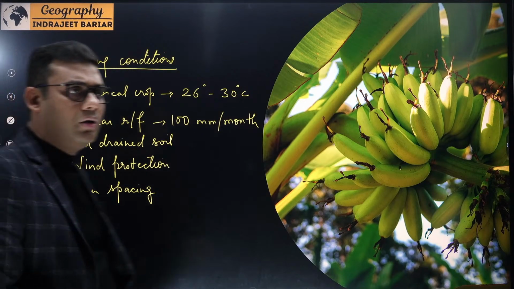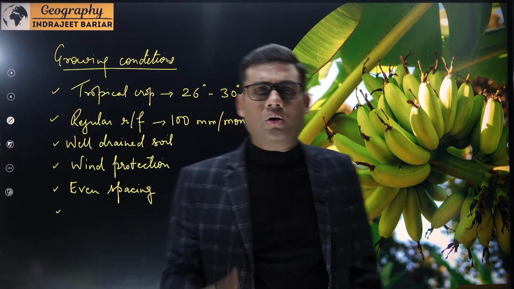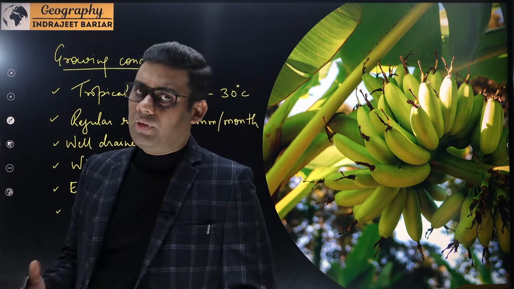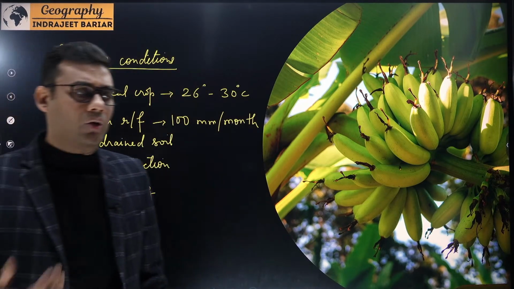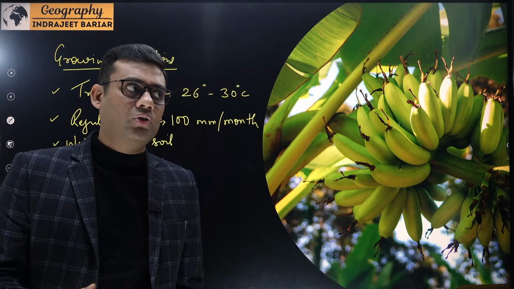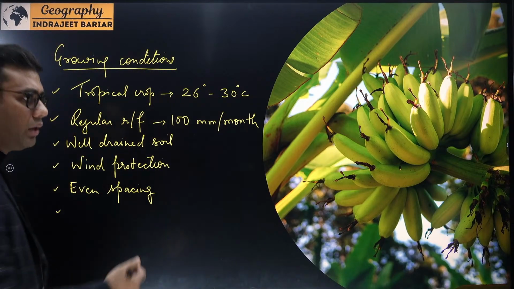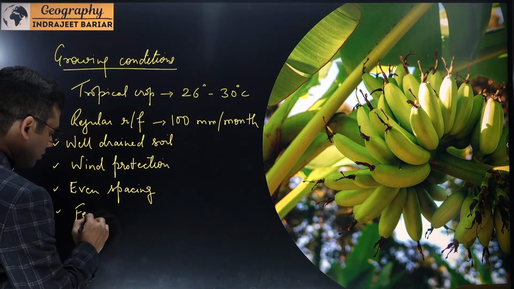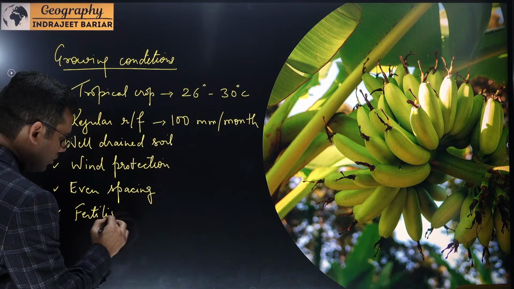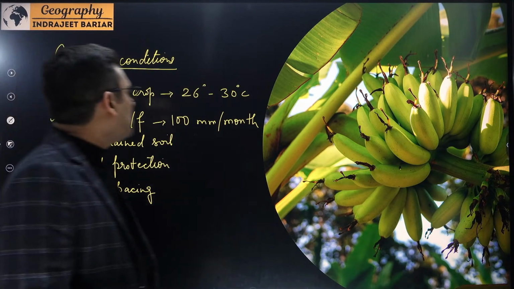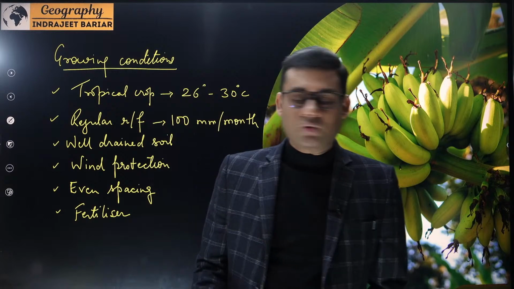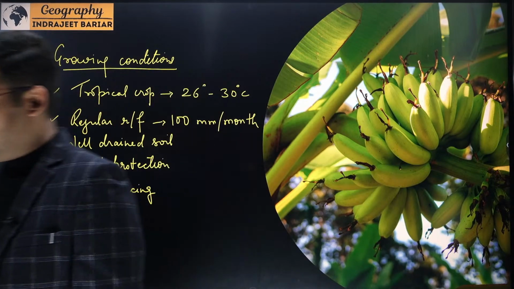And then if we talk about banana as a crop, banana is a heavy feeder. Heavy feeder means it takes up the nutrients of the soil very quickly, and so regular application of fertilizers is again required with respect to banana. So these are the major growing conditions with respect to banana.